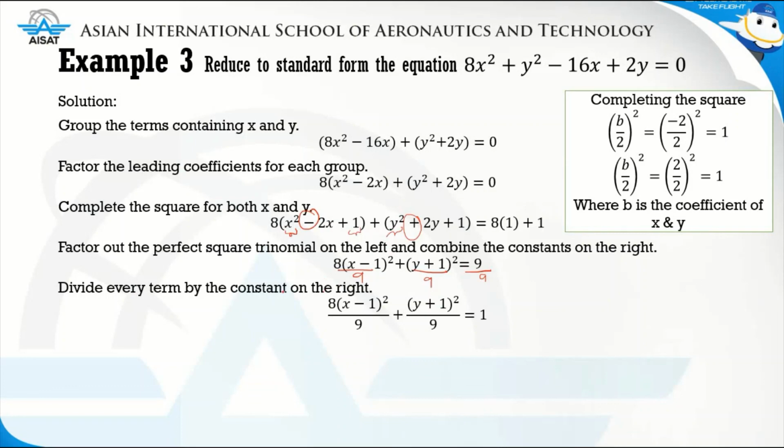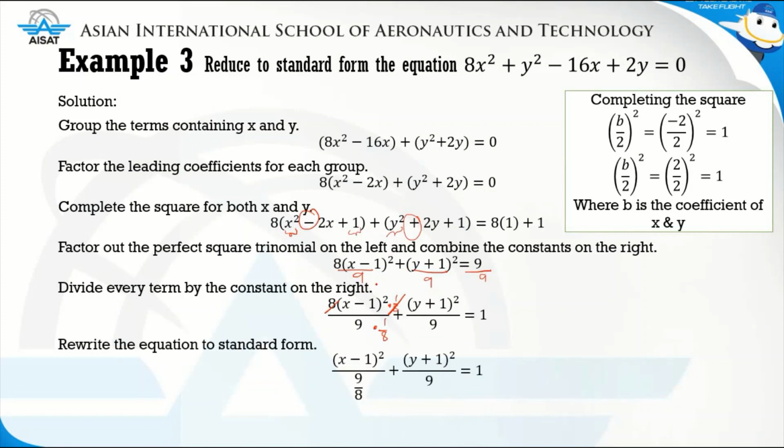So what we will do is multiply the numerator by 1 over 8 and the denominator by 1 over 8. Multiplying 8 by 1 over 8 gives you 1. And multiplying 9 by 1 over 8 gives you 9 over 8. So therefore, our standard form is the quantity of (x minus 1) quantity squared over 9 over 8 plus the quantity of (y plus 1) quantity squared over 9 is equal to 1.